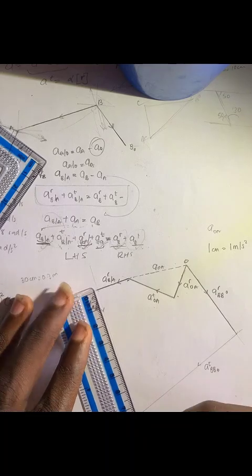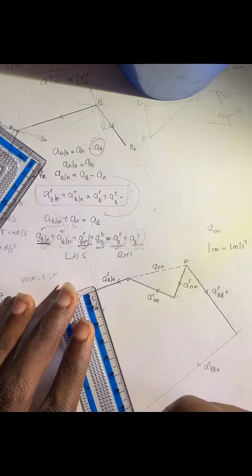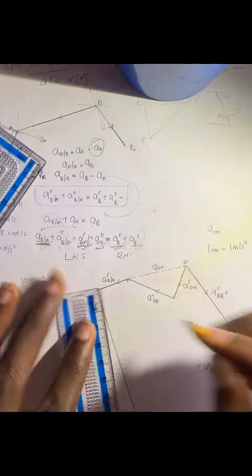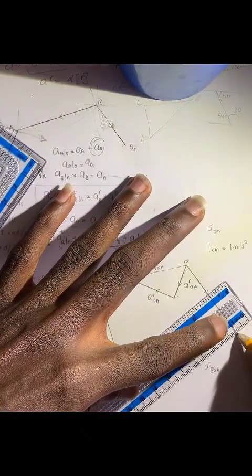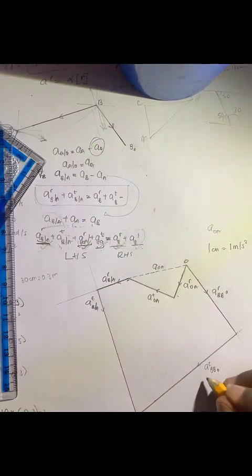So wherever they cross each other, so yeah. So this is my A tangential of B naught, and this is my A tangential.